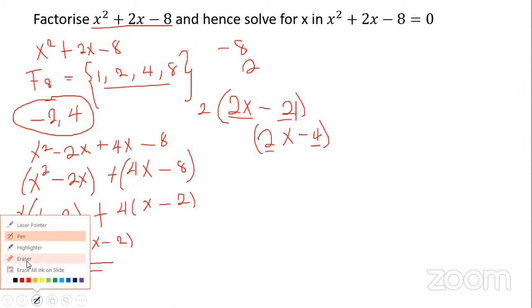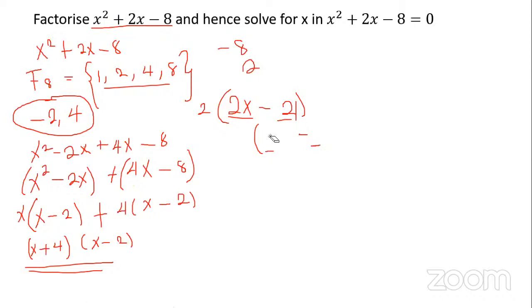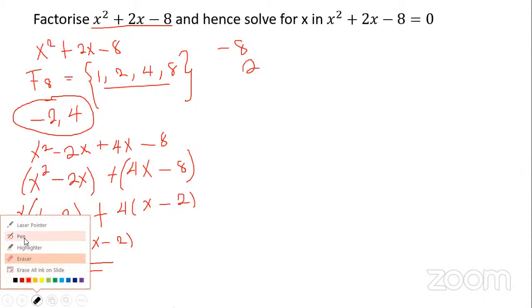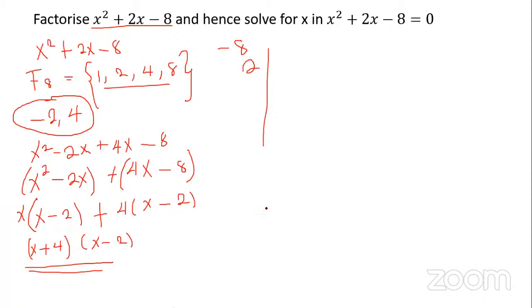So what we are going to do now is go to the other part, of hence. So x squared plus 2x minus 8 is equal to 0.